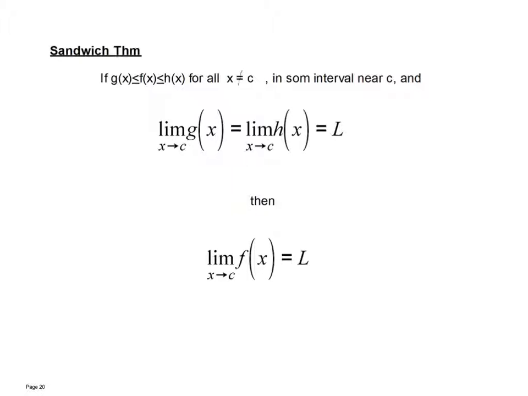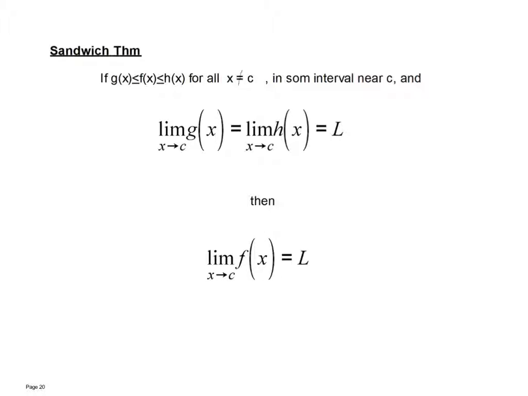But you can tell what g and h do at c, and it just so happens that they have the same limit. Well, if f is always between g and h, and they go to L, then f goes to L.